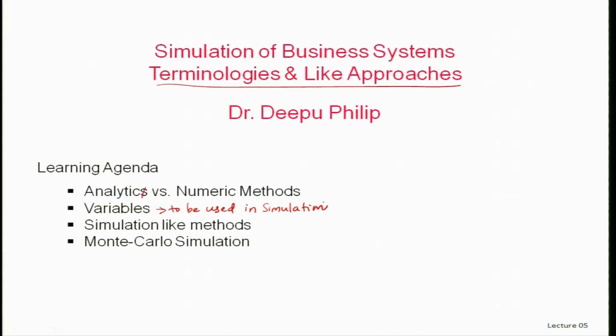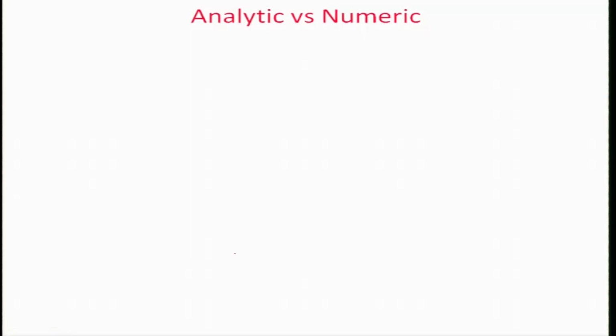And then some simulation methods, and we will look into Monte Carlo simulation. Today's topics are slightly advanced concepts, and we will also do an example of Monte Carlo simulation, so that you can understand what Monte Carlo simulation is.